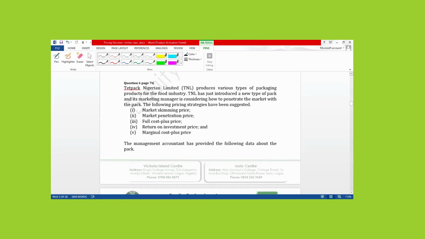Number 2, you can mute Oyindamola. Okay, sir. Now, number 2 is market penetration. Yes, Amen, let's hear you. Can we adopt this market skimming price when our product is in high demand?